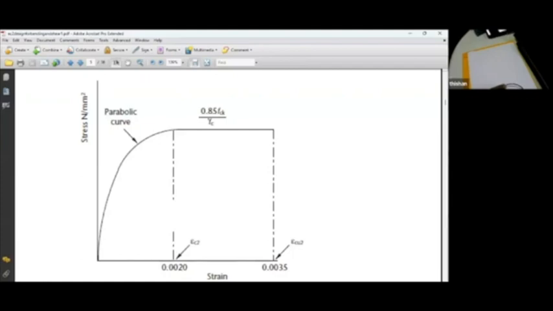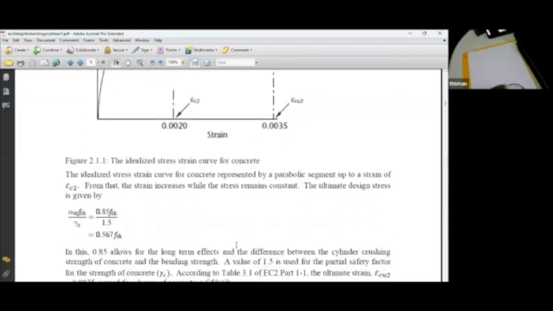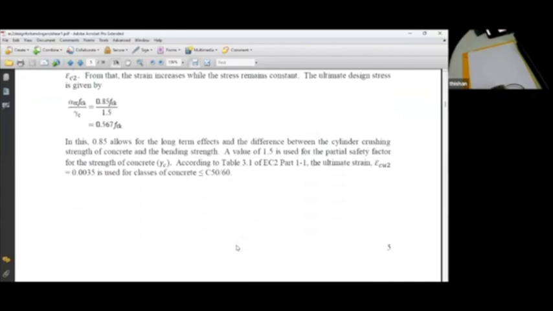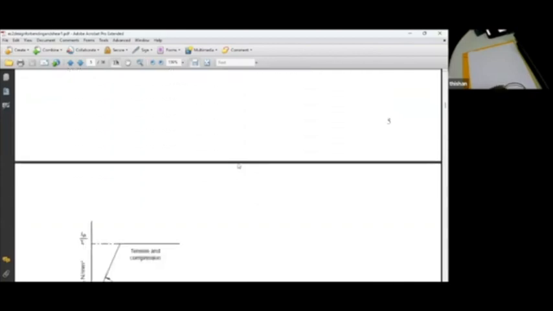I told you these are valid only up to 60 megapascal cube strength or 50 megapascal cylinder strength. If you are going to have a bigger strength, these will be lesser values, because concrete becomes brittle as it becomes stronger. And this is the magic number, C50/60.